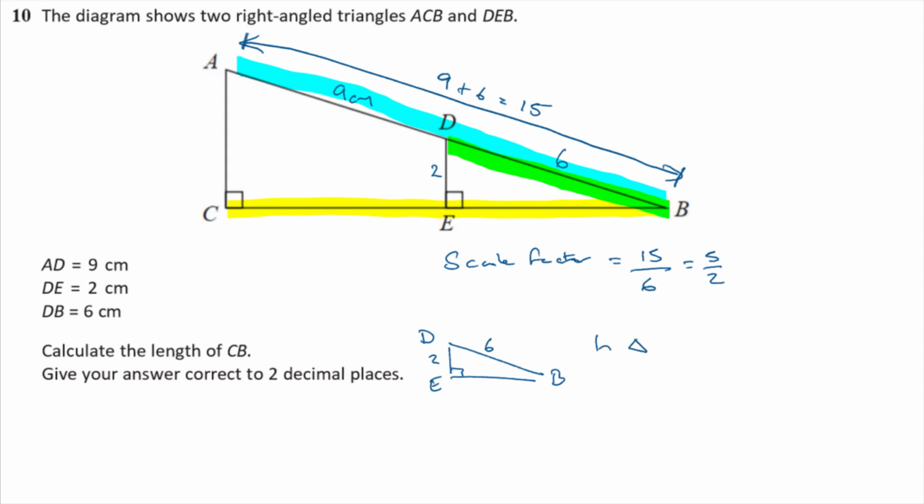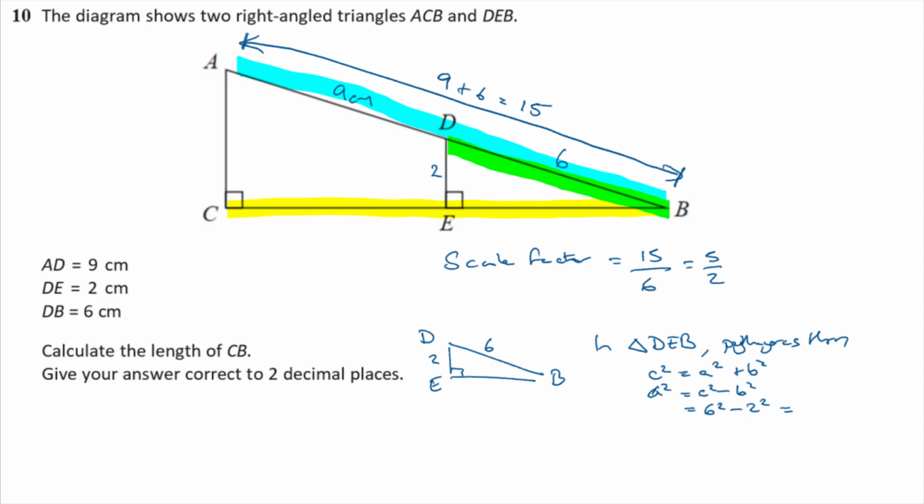So in triangle DEB, we can use Pythagoras theorem, which says the square on the hypotenuse, c squared, equals the sum of the squares of the other two sides. C squared equals a squared plus b squared. So rearranging that for our shorter side, we get a squared equals c squared minus b squared, isn't it? In other words, it's going to be 6 squared minus 2 squared, which is what?